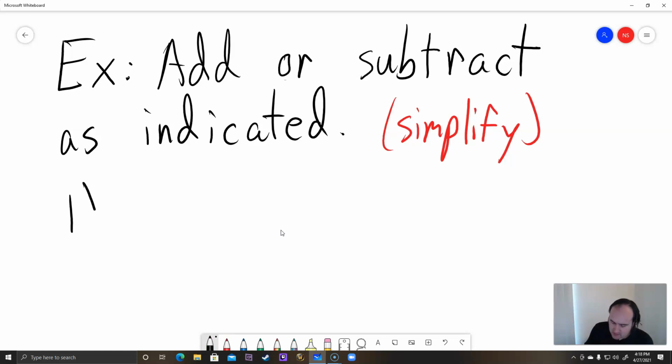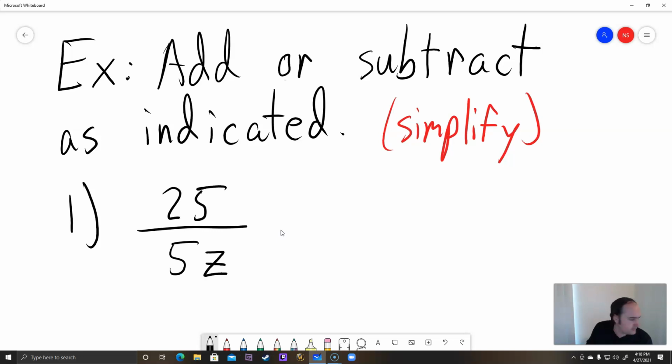Okay, so for example number 1, we're going to be adding a couple of fractions. So we have 25 over 5z plus 49 over 7z.